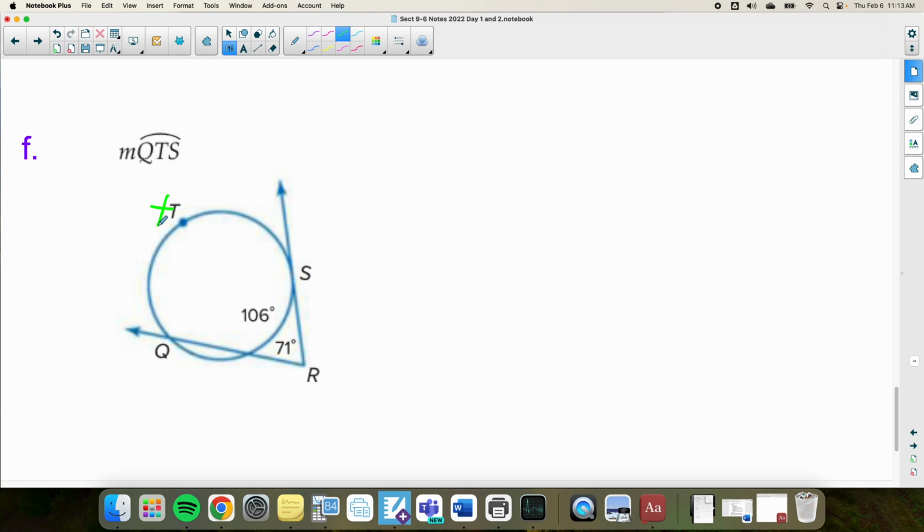If I knew both of these, I could add them together and subtract from 360, but I don't. So what happens there is we have to use algebra. So when you do that, you always take that outside angle equal to 1/2 times the furthest away arc, which is what I'm looking for, minus the closest arc, which is 106.